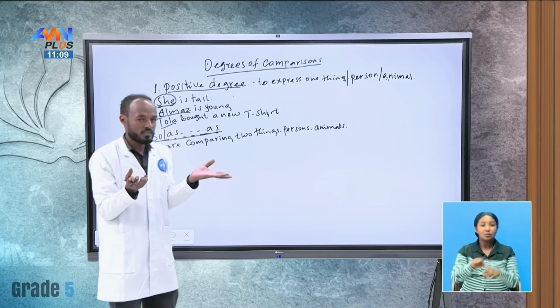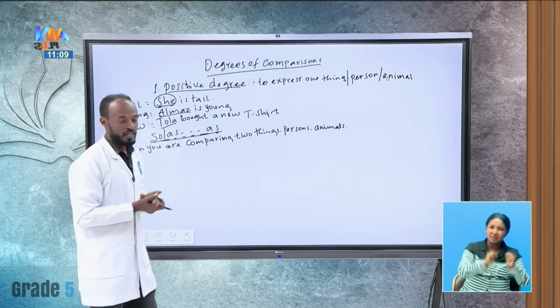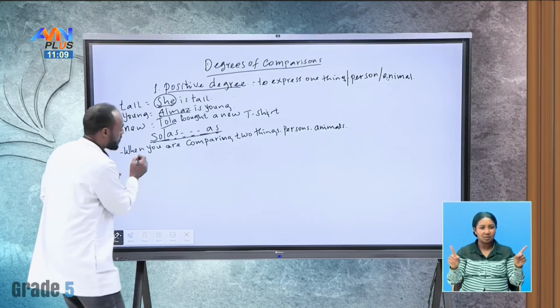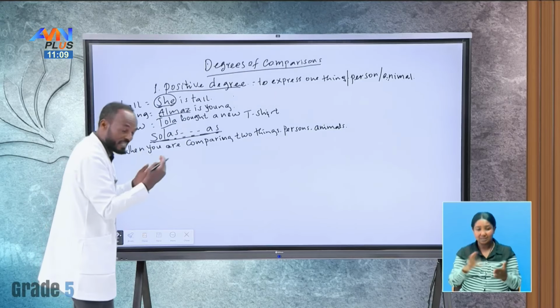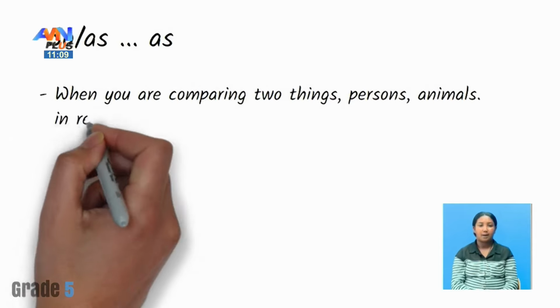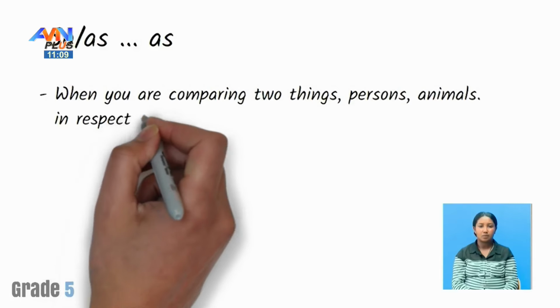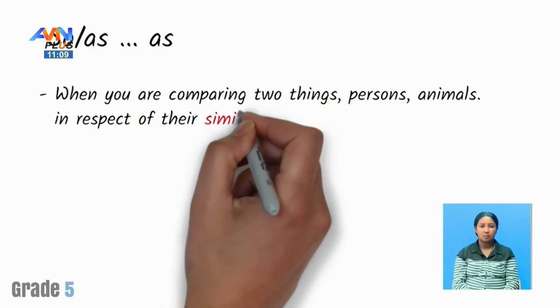So what makes it different from comparative degree? Come on here, student. When you are comparing two things, persons, animals in respect of their similarity.